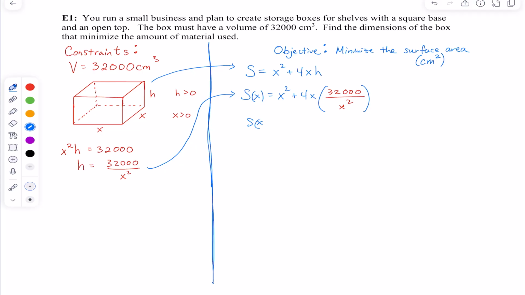Simplify this function. And now we're ready to optimize. In order to optimize this function, we need the first derivative. Continue with function notation. And we'll go ahead and find common denominator here.